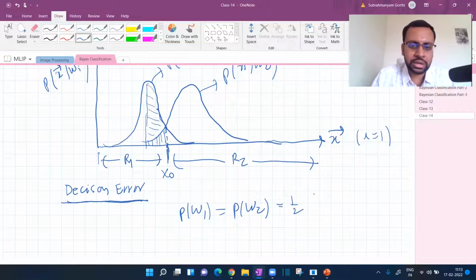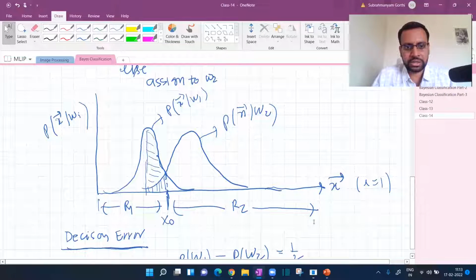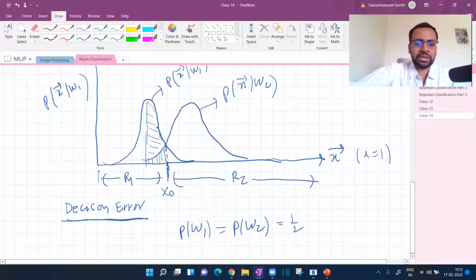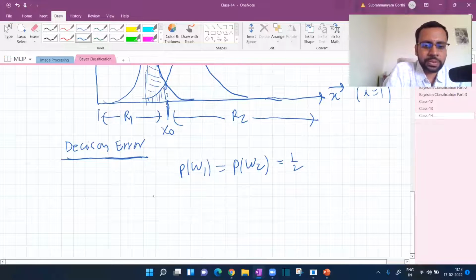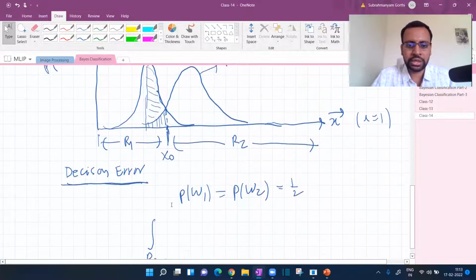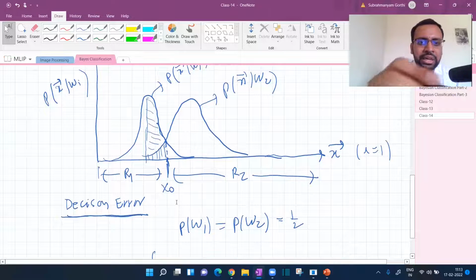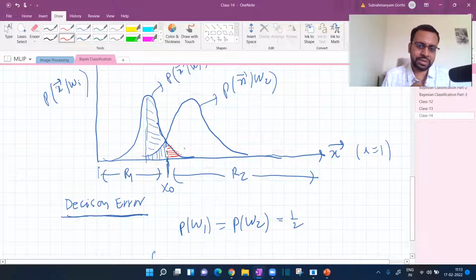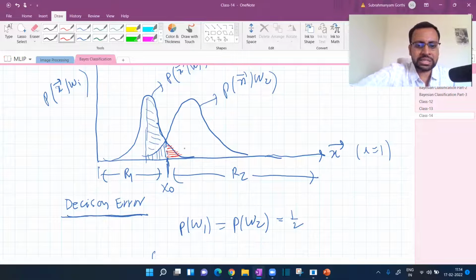First of all, how much error or misclassification happened for class 1. The errors are committed over the region R2, right? If I take the area in R2 under the likelihood function of class 1, the one I marked in red, it gives me that region. It is in this region that there is an error.